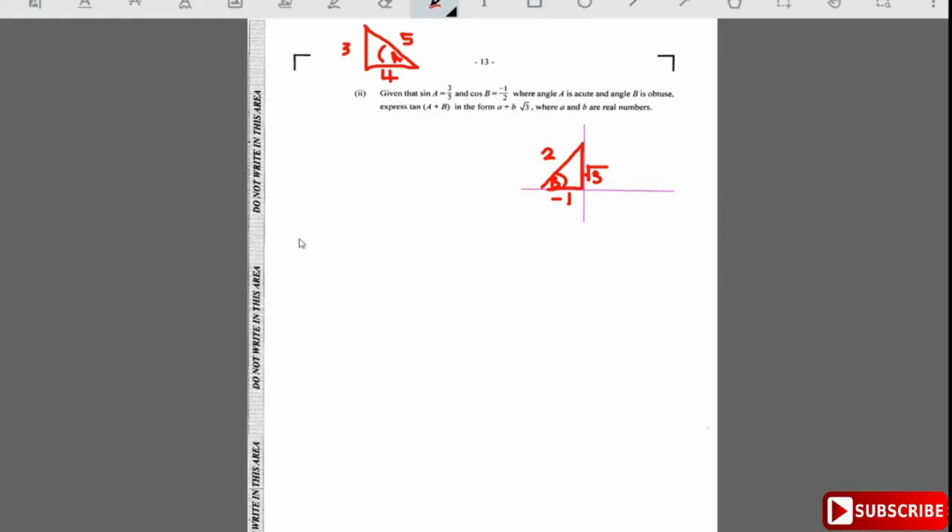Now first thing is we're going to write down the formula: tan(A plus B).